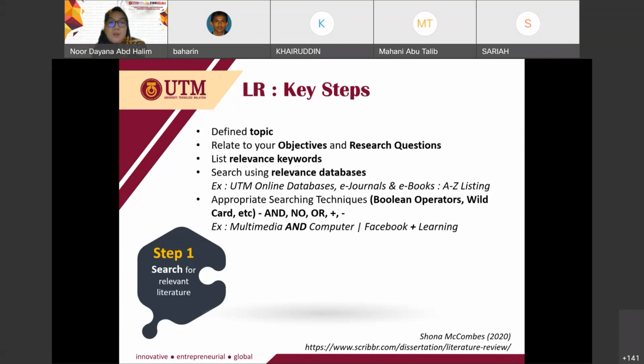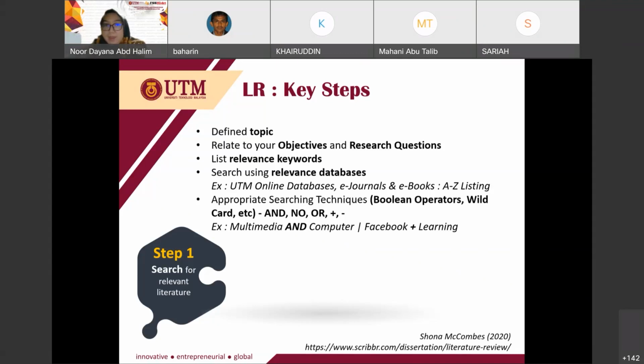You can also use appropriate searching techniques, using Boolean operators, like AND, OR, the plus symbol or the minus symbol. For example, I'm searching for multimedia and computer. I want to search for the advantages of multimedia in teaching and learning, and also the computer for teaching and learning.